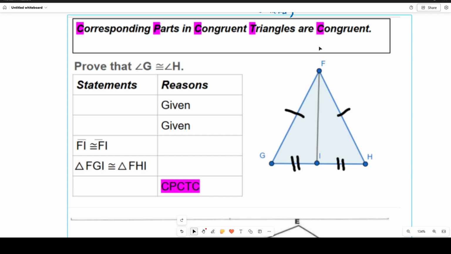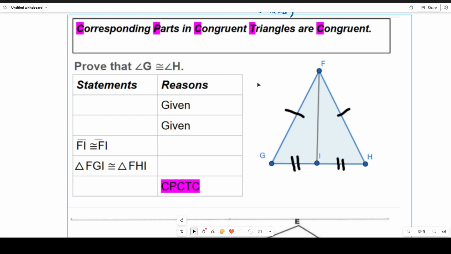Corresponding parts in congruent triangles are congruent. So again, this is a bit of a review of proofs. We're given half of all the stuff that we need. We're given some reasons, some statements, and we have to fill in the blanks. So here, a given. Well, we're not given any statement. This says prove. Prove is not a statement. It'll say given something.